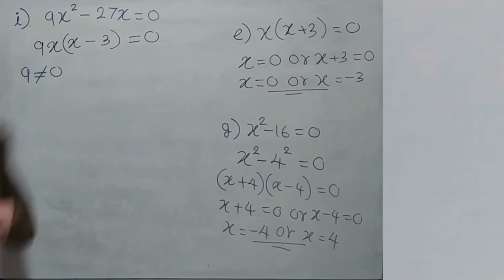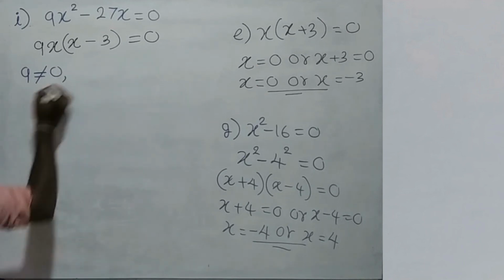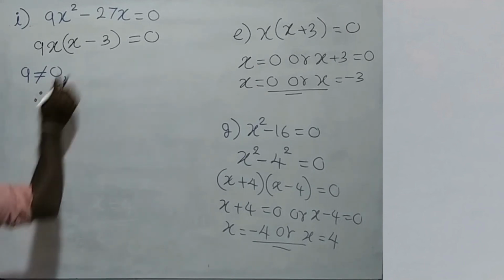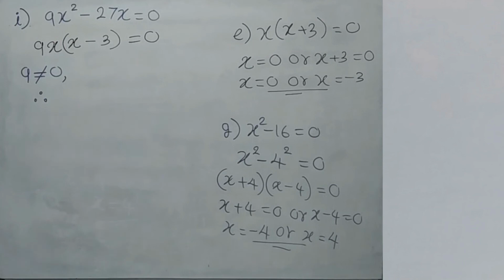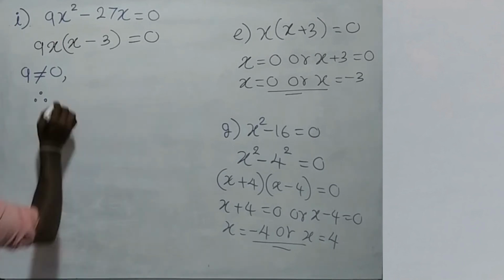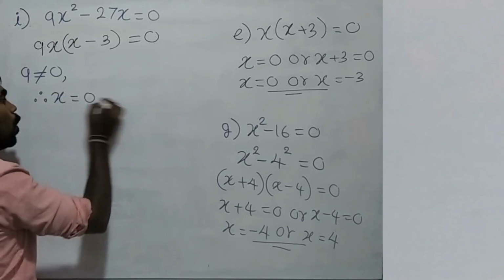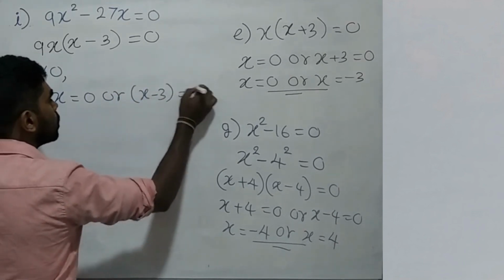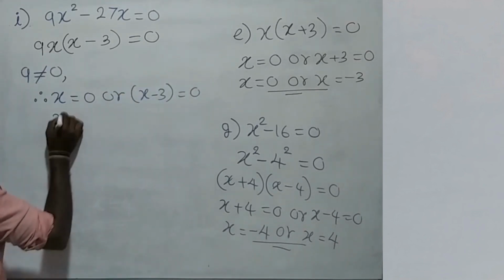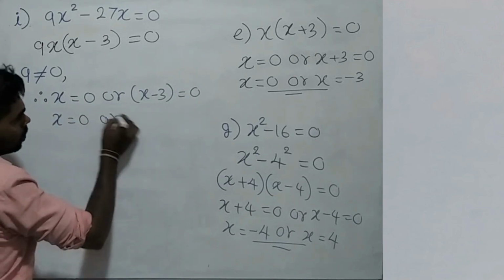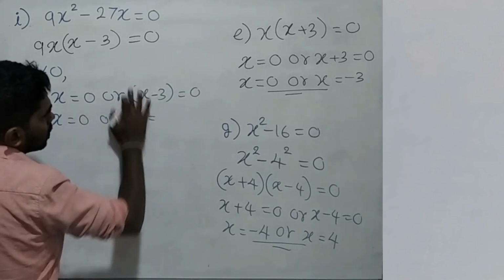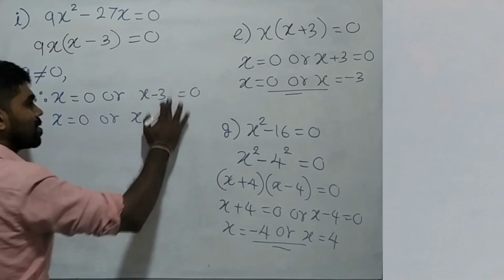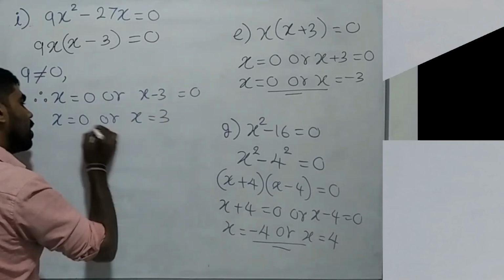Therefore, we have to equal the other two terms to 0. x equals 0 or x minus 3 equals 0. x equals 0 or x equals, we have to bring minus 3 to the right hand side, x equals 3.